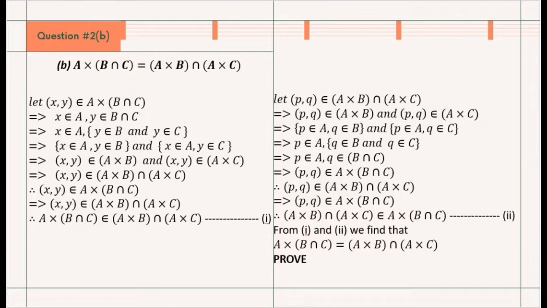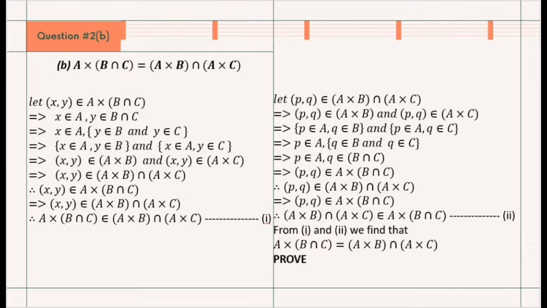This implies ordered pair (p, q) belongs to A cross B and (p, q) belongs to A cross C. By definition of intersection and Cartesian product, we can write this as p belongs to A, q belongs to B, and p belongs to A, q belongs to C.